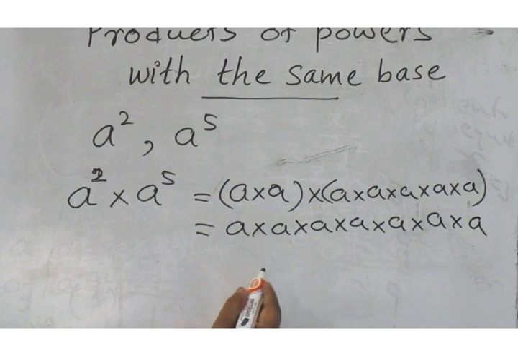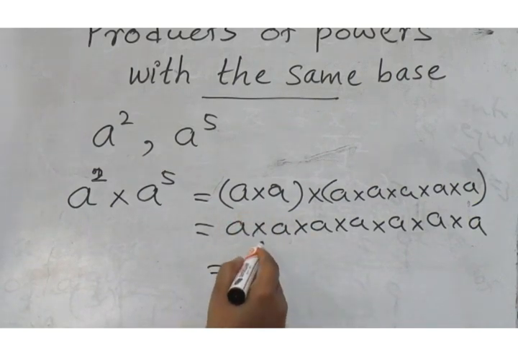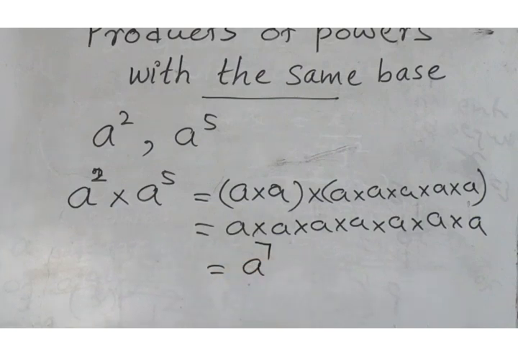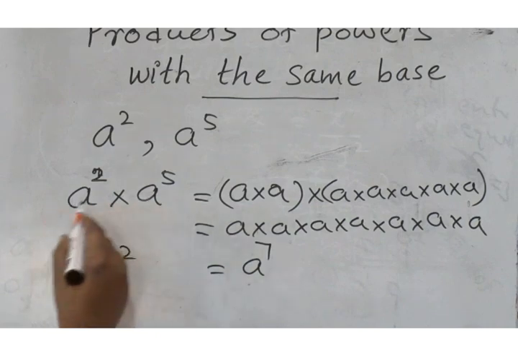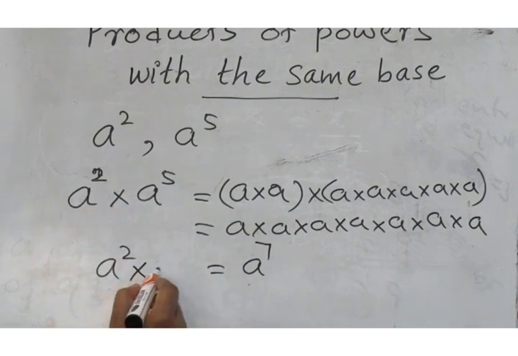Now here a is repeatedly multiplied 7 times, so we can write this as a power a to the power 7. Now we took this answer using the product of these 2 equal powers.